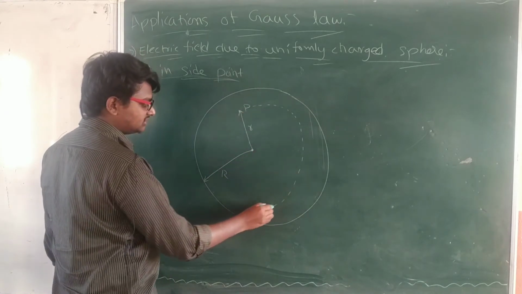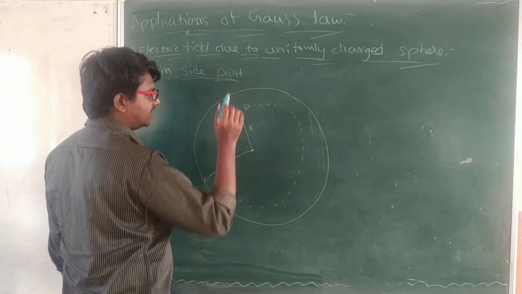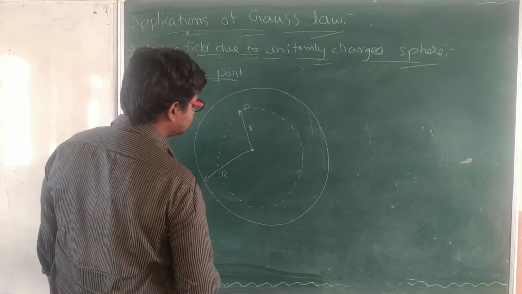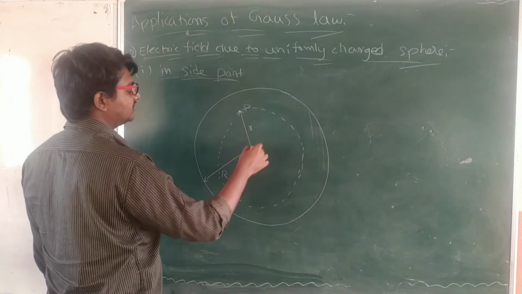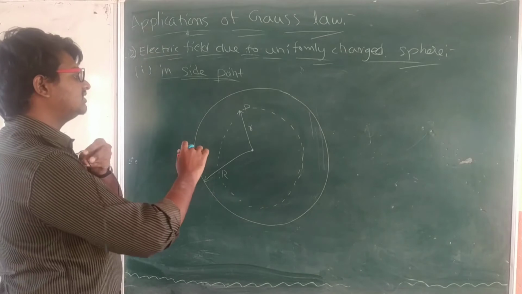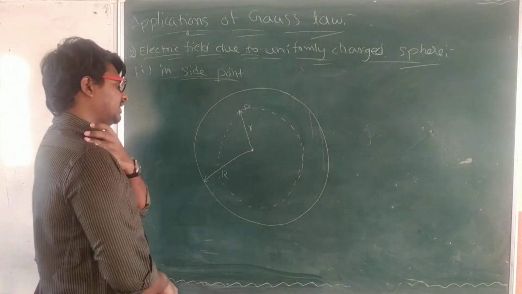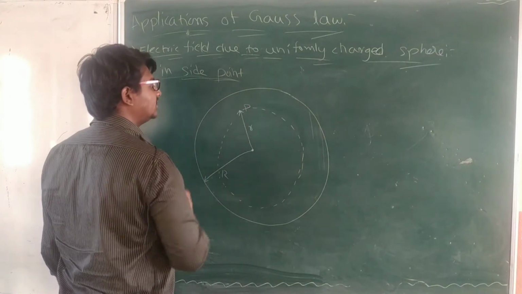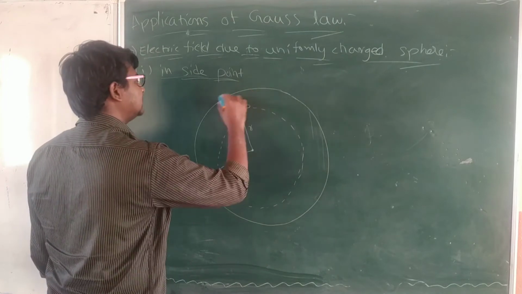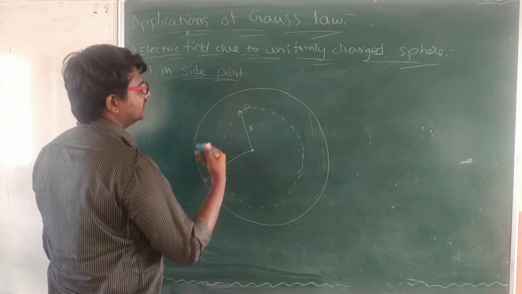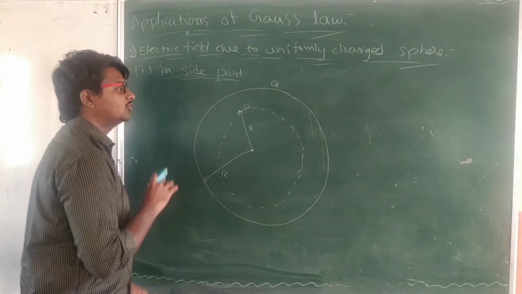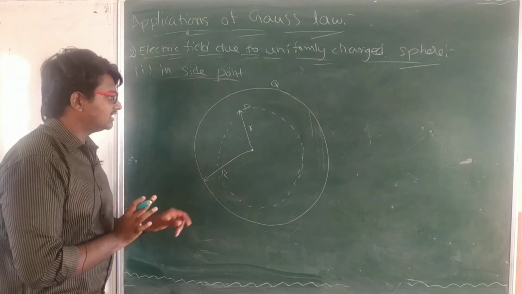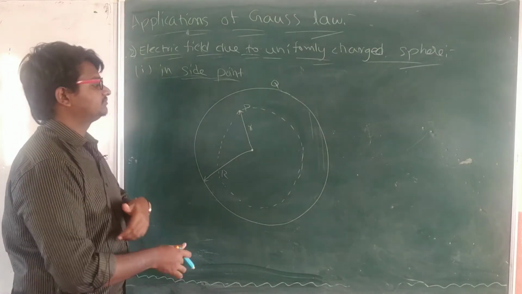I am assuming a Gaussian surface which is also spherical in shape and concentric with the center. The center of the Gaussian surface and the sphere is the same, but the radius is different. Let's consider the total charge on the spherical ball is capital Q, and we need to find the electric field at this point P.